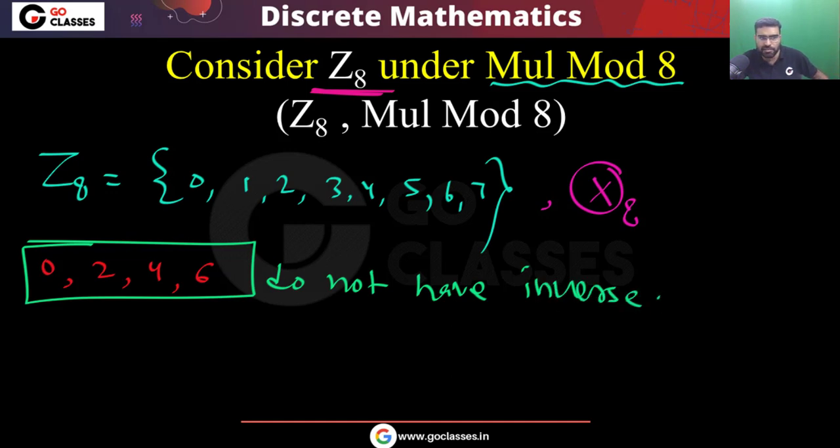The remaining elements have inverse. For example, 1 is the identity element, and identity element inverse is always the identity element, so 1 inverse is 1.